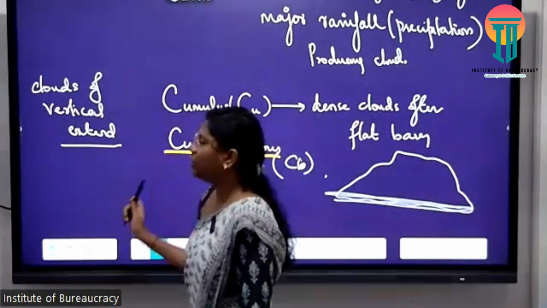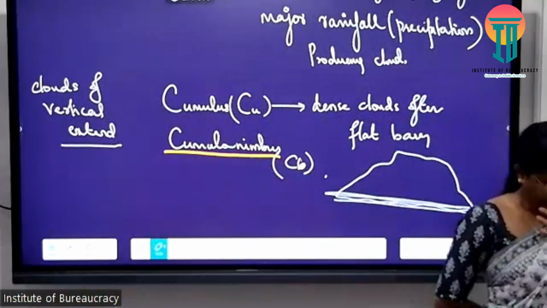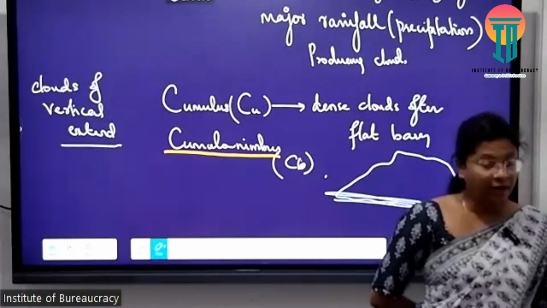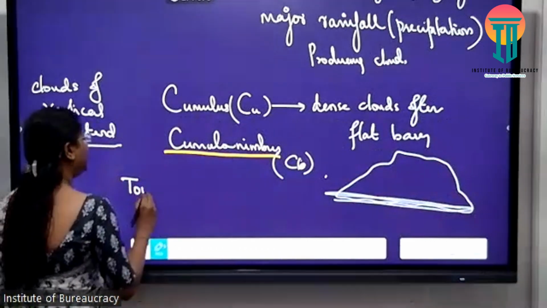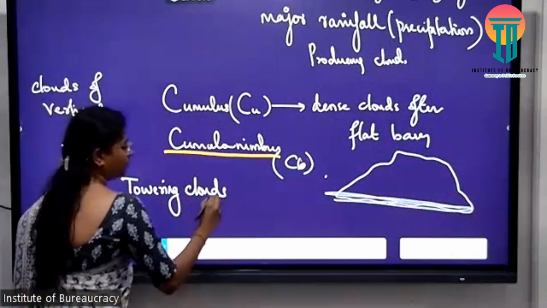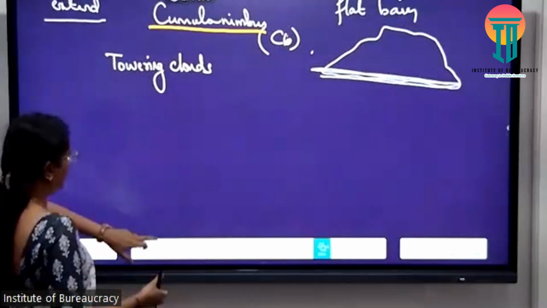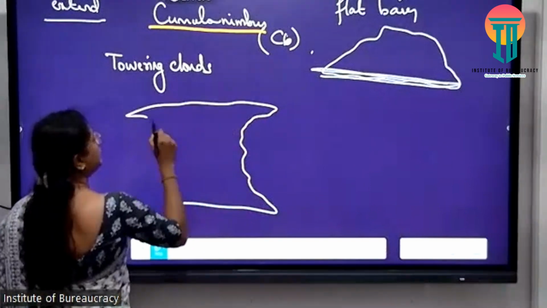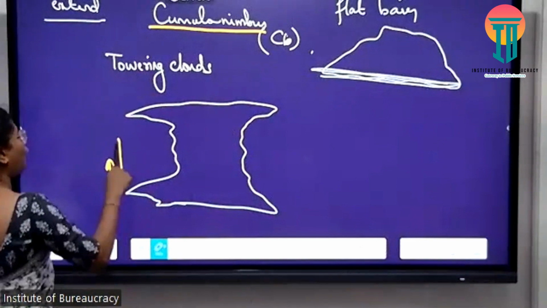The last one, cumulonimbus. Characteristics: they are towering clouds, meaning these clouds grow. They extend vertically in size with increasing condensation, growing with increasing height.